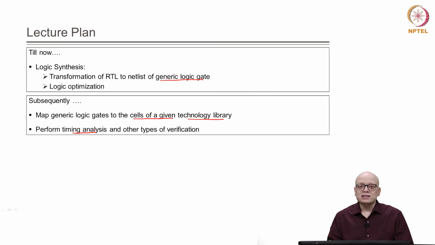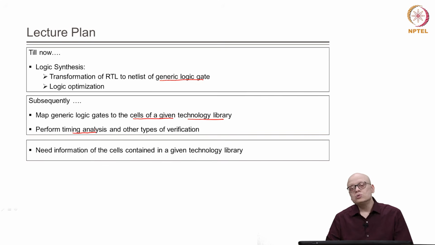Now, the generic logic gates do not contain the attributes of the cell such as timing, power and so on. However, the cells of a technology library contain those attributes, and therefore the tool needs to look into the technology library to convert a netlist consisting of generic logic gates to the cells of the given technology library.